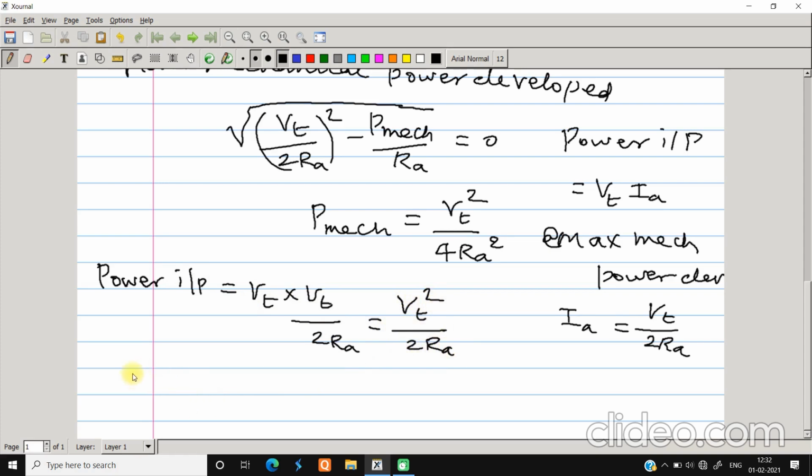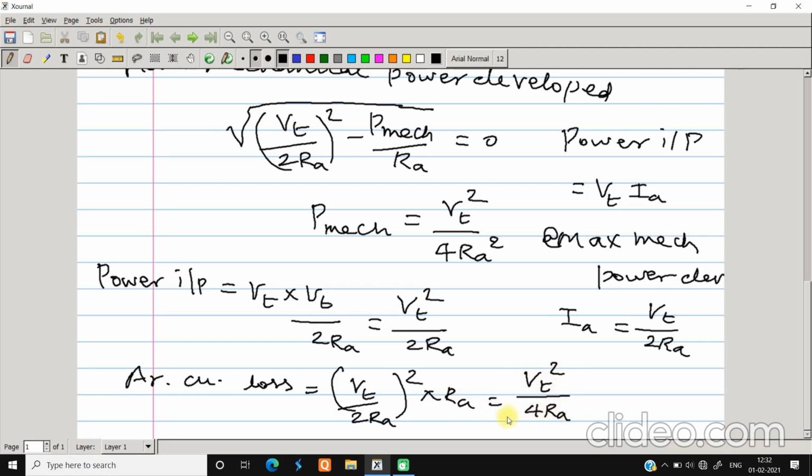And also the armature copper loss can be found out by Ia square Ra. So Ia square will be Vt divided by 2Ra the whole square into Ra. So the resultant will be Vt square divided by 4Ra. So this will be the maximum armature copper loss that can be developed in a particular machine.